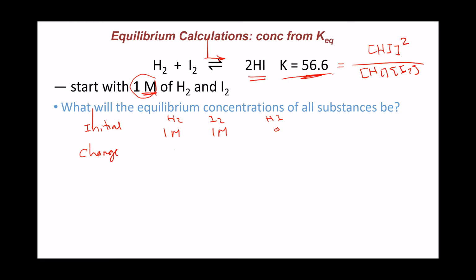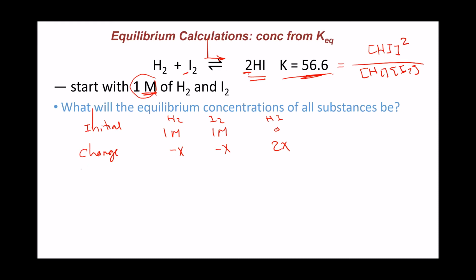And in this case, an x amount of hydrogen will get consumed and react with the same amount of iodine because the ratio is 1:1. So whatever amount of hydrogen reacts will consume the same amount of iodine, and that is going to produce 2x of the product because the ratio is 1:2 between reactants and products.